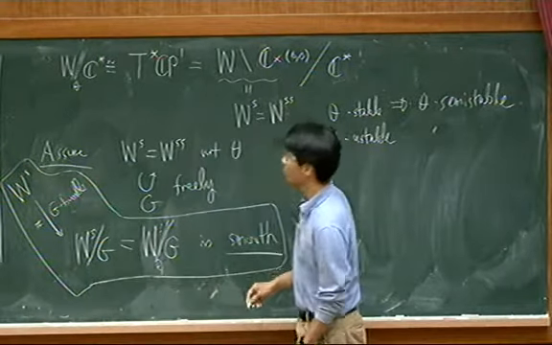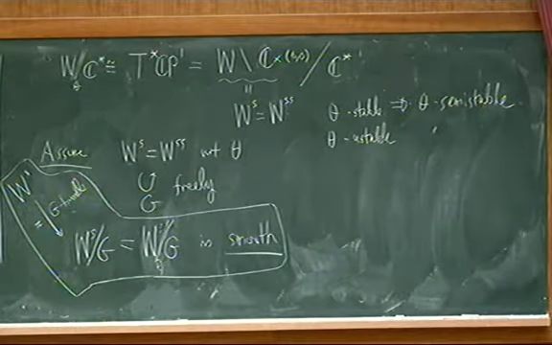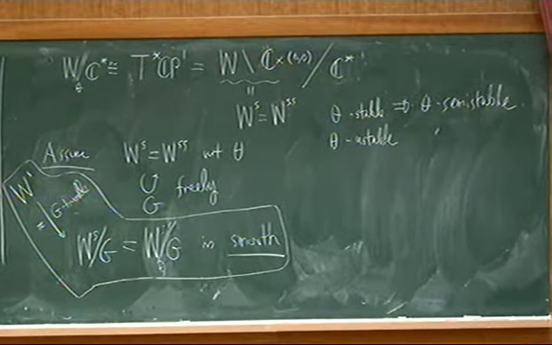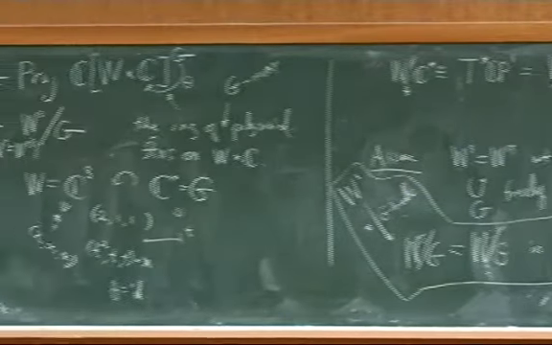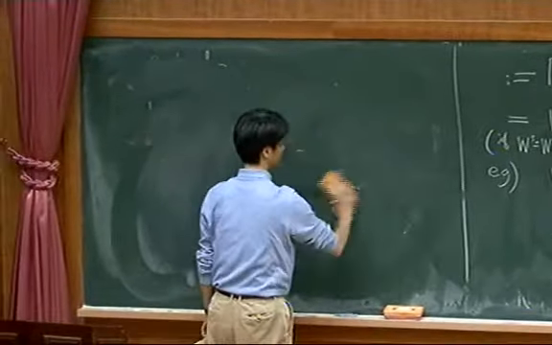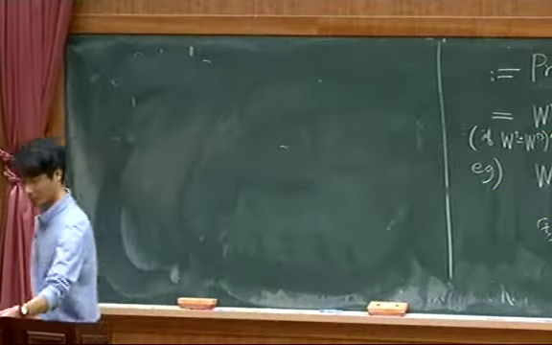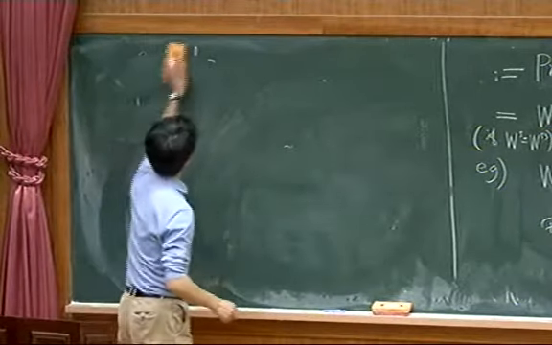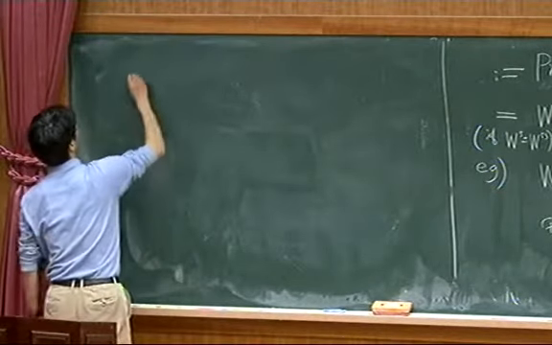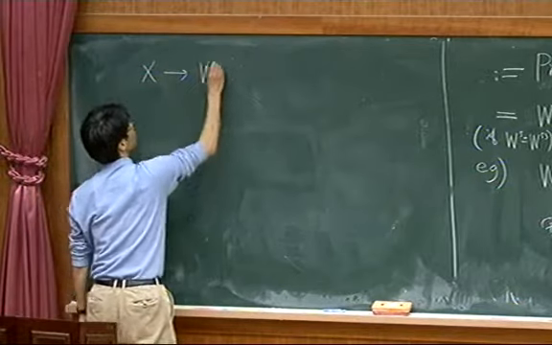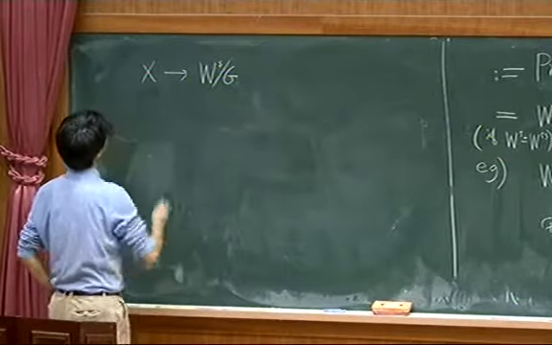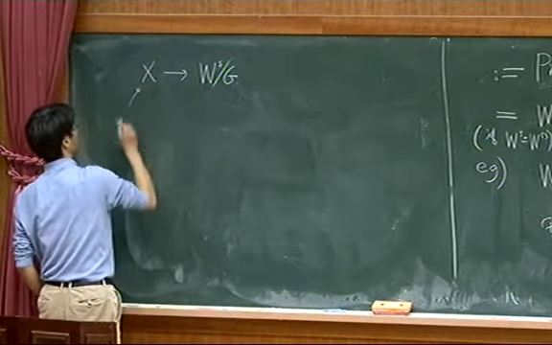So this kind of picture, I'm going to use it to study holomorphic maps from a curve to that quotient. So from now on, I'm interested in considering maps from X to this quotient, where X is, say, a Riemann surface.